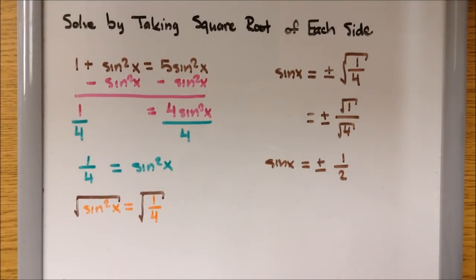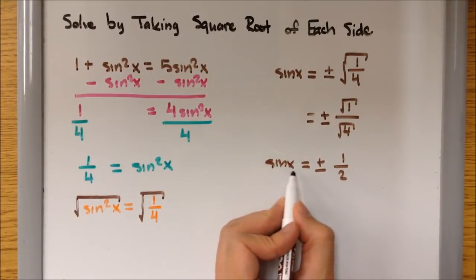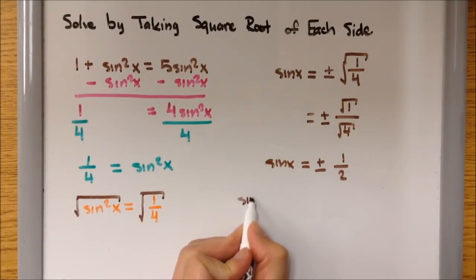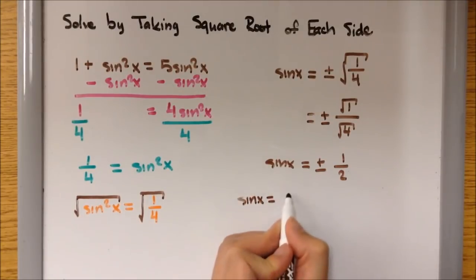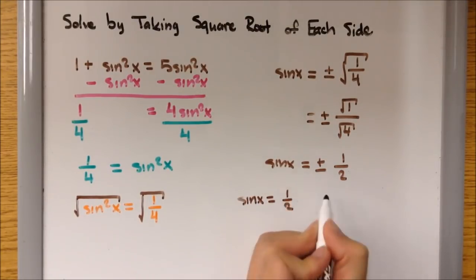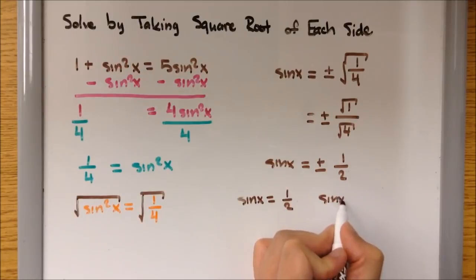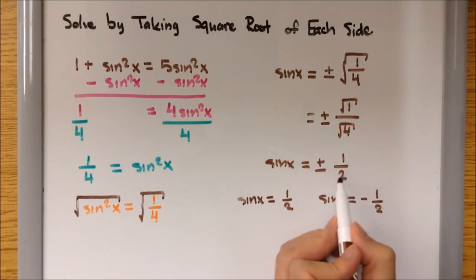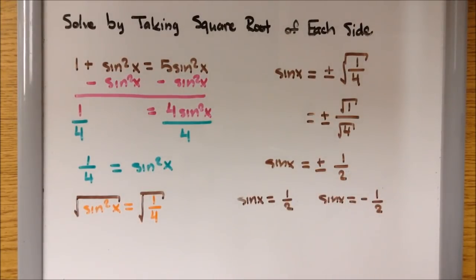So that means we need to find the value of x, the angle measure, when sine of x equals 1/2 and sine of x also equals negative 1/2, because that's where we got it from, positive and negative 1/2. So that means in this case, instead of 2 answers, we may need more than the usual amount.